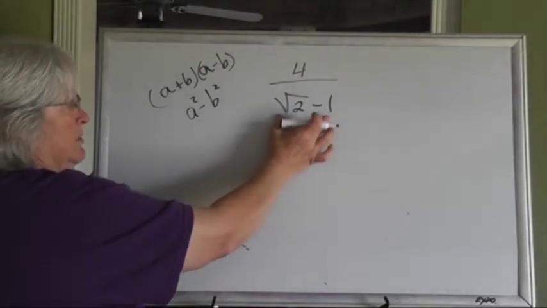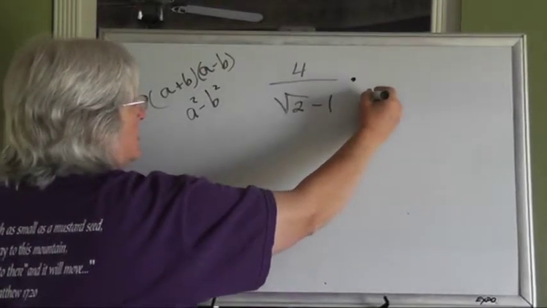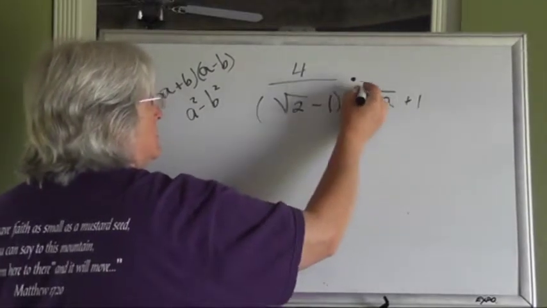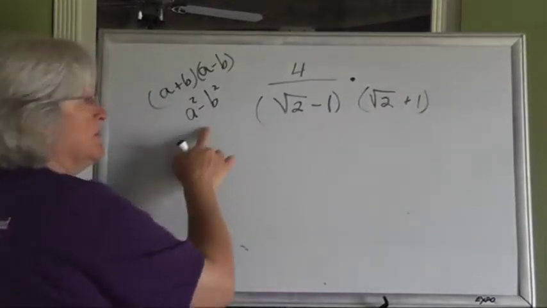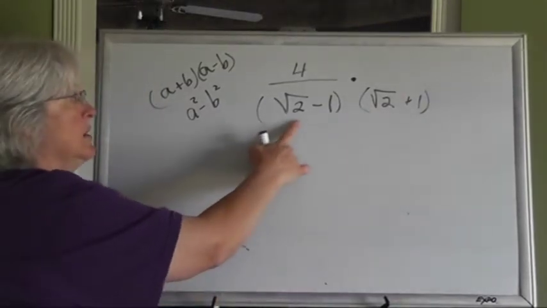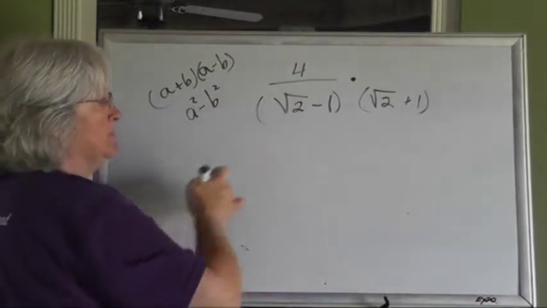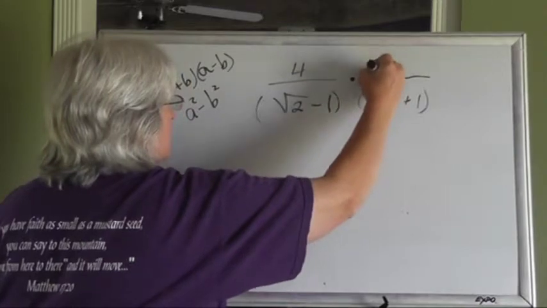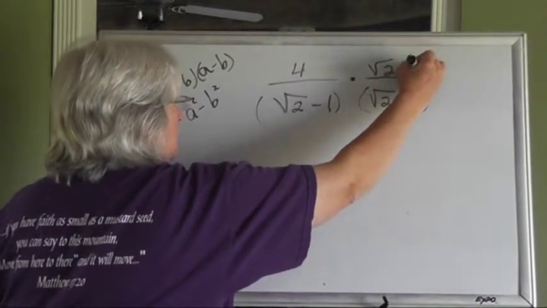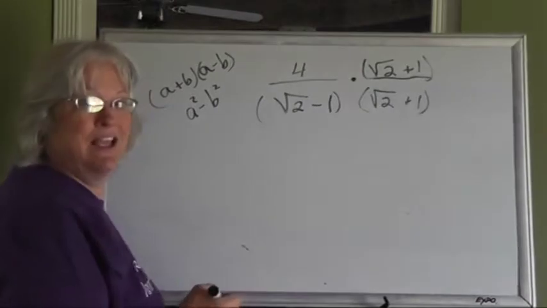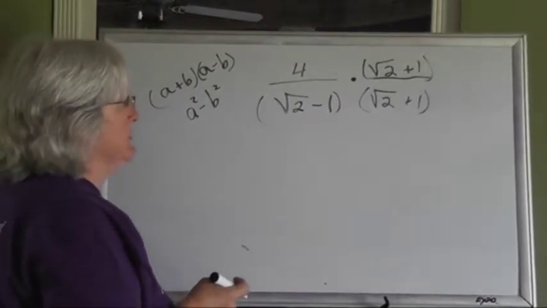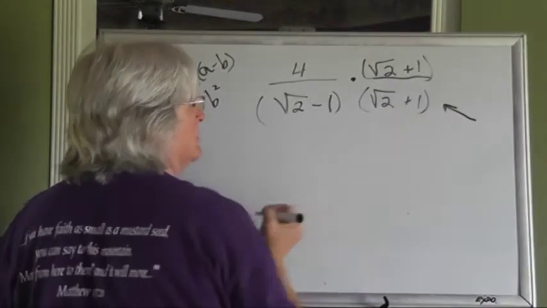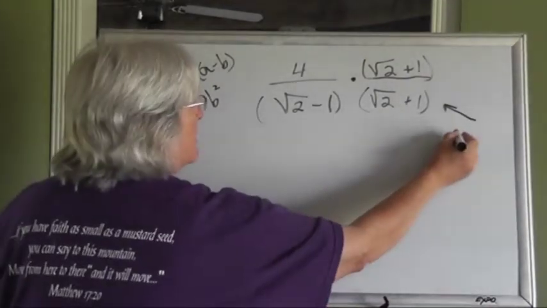So we want to multiply this by the square root of 2 plus 1, because this will give us the difference of two squares, which will eliminate the radical symbol. If we're going to be able to legitimately do this, the only way that we can multiply is by having the same expression in the numerator as we do in the denominator. This expression, the square root of 2 plus 1, is called the conjugate.